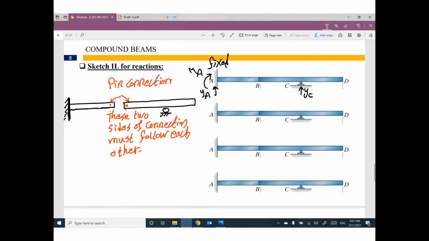Let's start. We would like to draw influence line for reaction YA, influence line for reaction MA, influence line for reaction YC. What will happen if, to draw influence line for MA, I move it up by 1? Any other support will remain as it is.